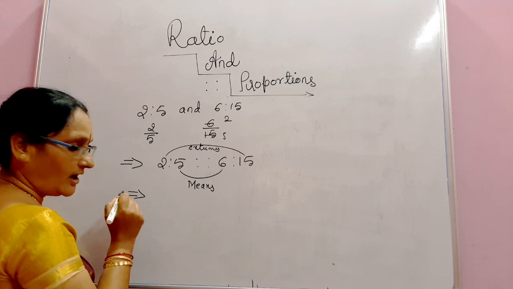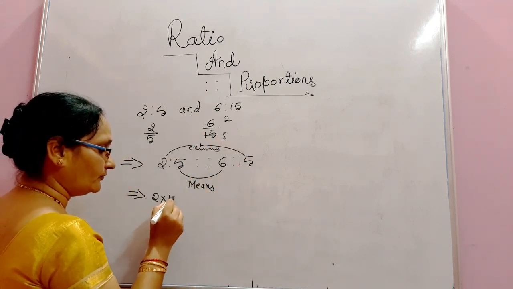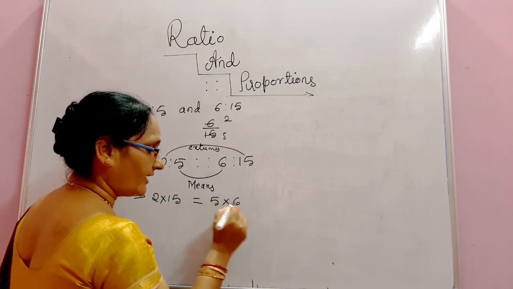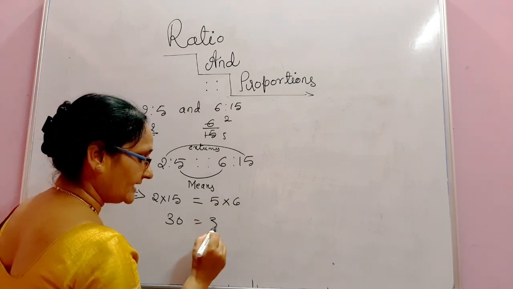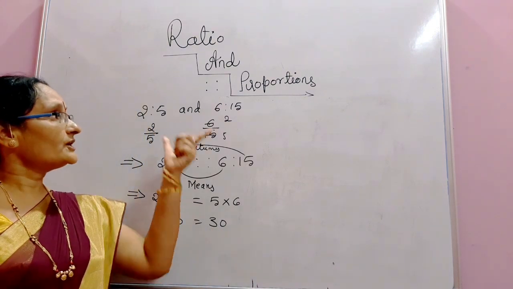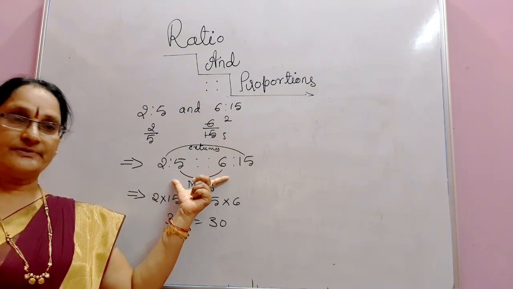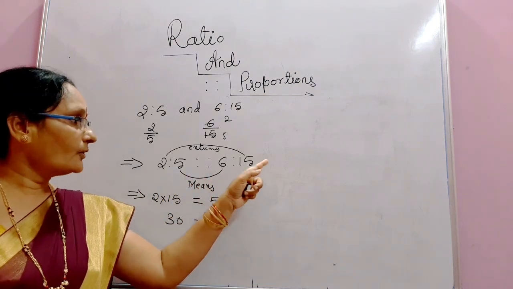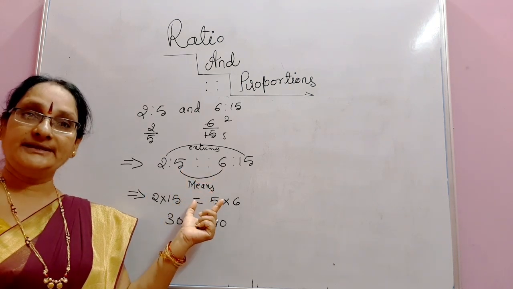Now there is one rule of proportion, that is, the product of extremes, that is 2 into 15, is equal to the product of means, 5 into 6. 2 15s are 30, 5 6s are 30. Yes, they are in proportion. See here, children, if two given ratios are equal, they are in proportion. The outermost terms are called extremes. The middle terms are called means.